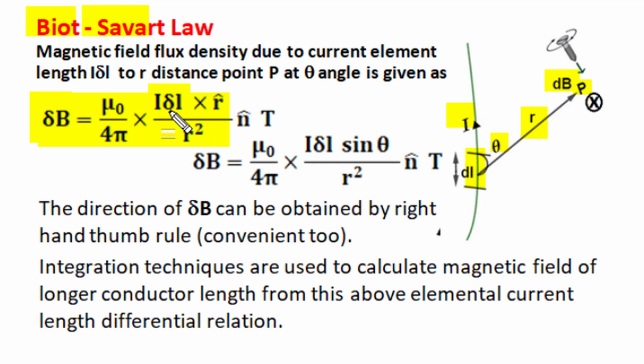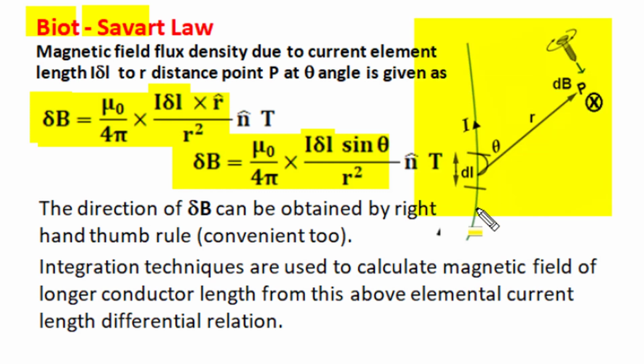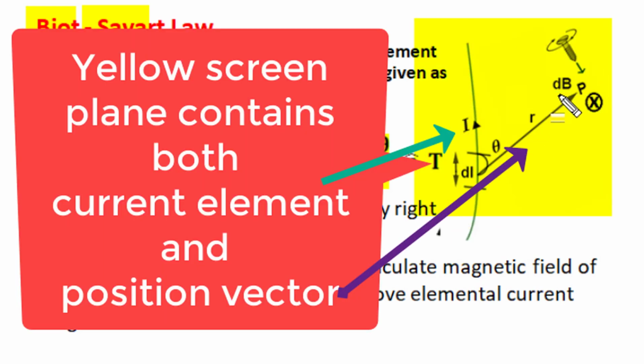The vector product of two vectors is the magnitude of the first vector, the second vector is unity in magnitude, and the sine of the angle between the current element and position vector, that is sin theta. The direction of magnetic flux density contribution is obtained by the vector product rule from the right hand corkscrew rule, which says that the vector product of the current element and position vector is normal to the plane which contains the current element and position vector.